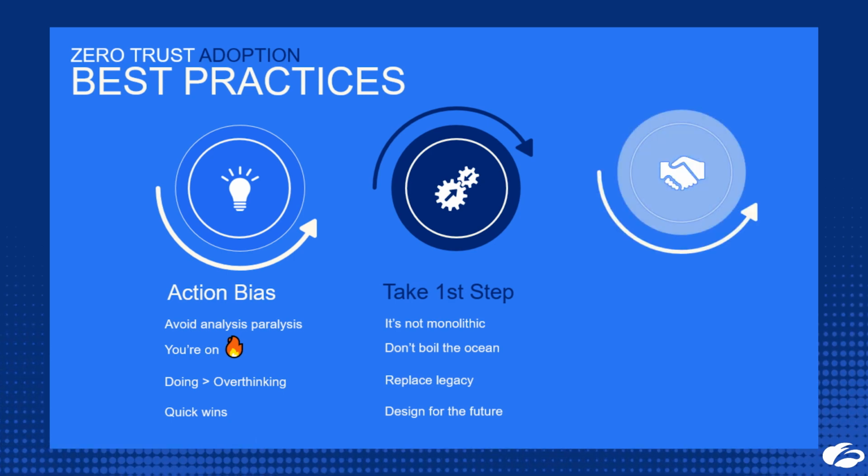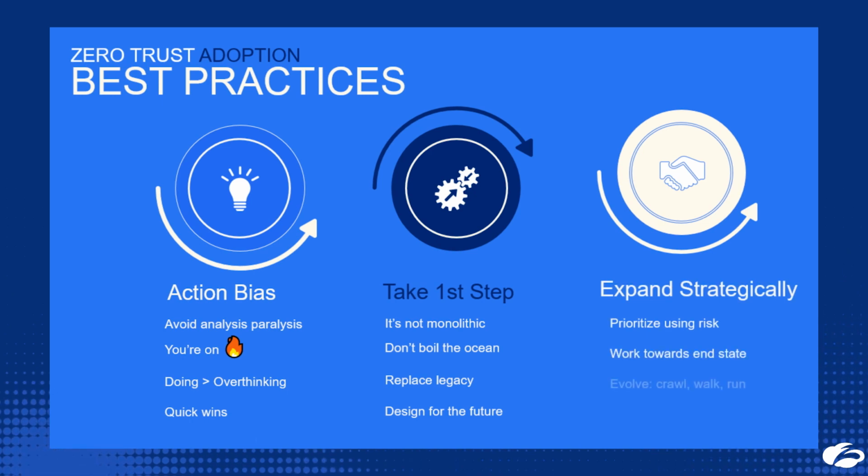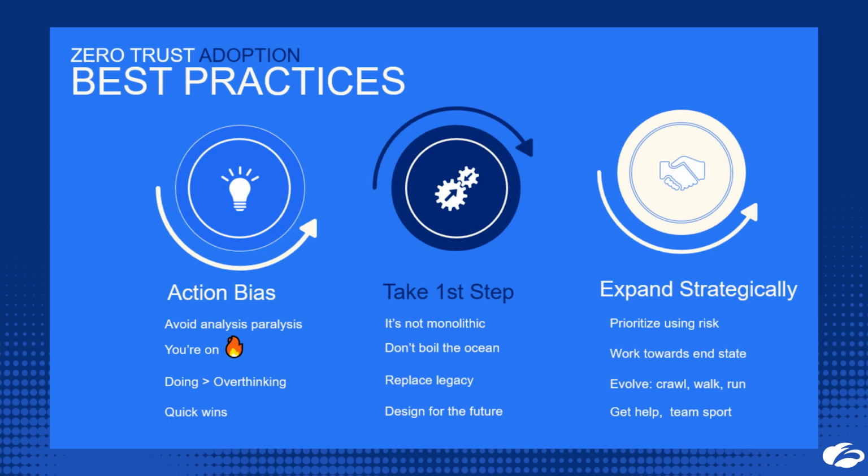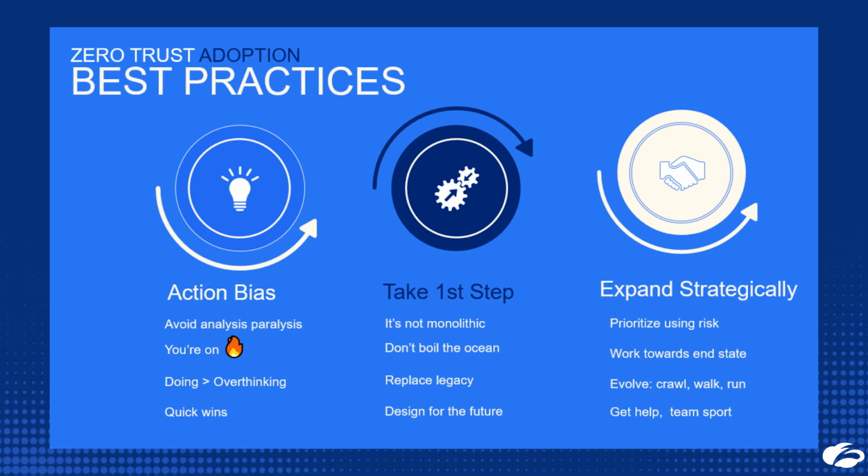And lastly, expand strategically. So trying to make that transition from a tactical approach to a strategic approach. So prioritize using risk. Let risk be the compass heading for you. Let that drive your decision-making process, working towards a defined end state. And that's really where the strategy part of this comes into play: what does success look like?